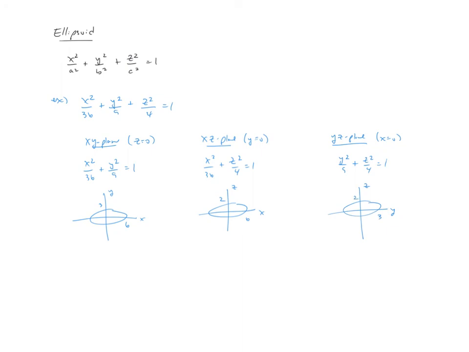So as we put all this together, again, I haven't done as many of the concentric ellipses as there would be, but I think it's probably going to be easy enough to see how this thing is elongated. So there's x, there's y, there's z, and you can see we're at a distance of 6 along the x-axis, a distance of 3 along the y-axis, and 2 along the z-axis.